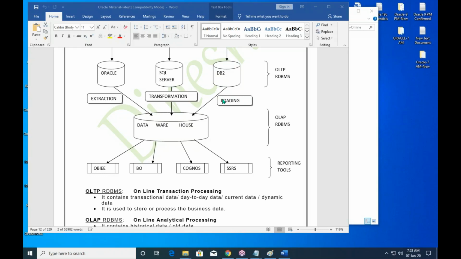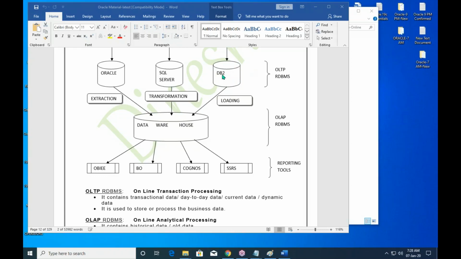Hope you understand, guys. After each business period, the data is loaded into the data warehouse. So data after March is loaded into the data warehouse. Here at OLTP, from April onwards, we will maintain the data.